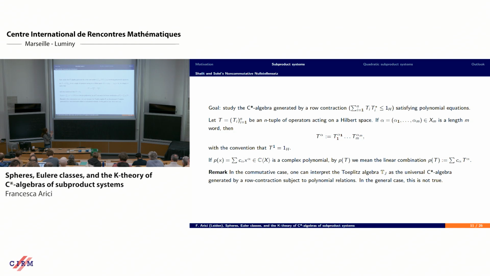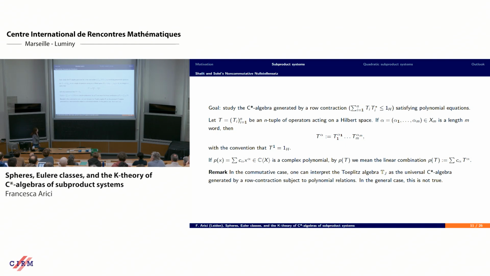So, this works similarly: you take an n-tuple of operators on a Hilbert space, you take a word of length m, and then you call t to the power alpha the operator that you get by concatenating t1 to the power alpha 1 with tm to the power alpha m. And then if you have a non-commutative polynomial, then you can say that p of t is the linear combination of the polynomial applied to this n-tuple of operators.